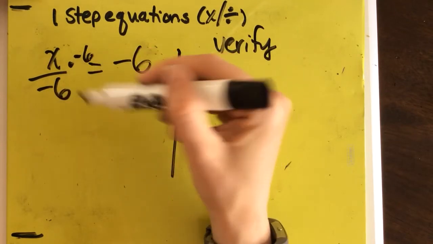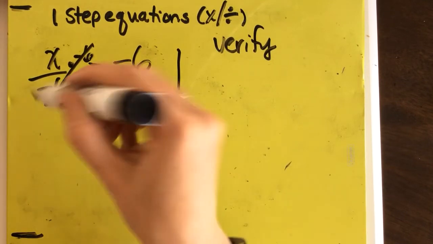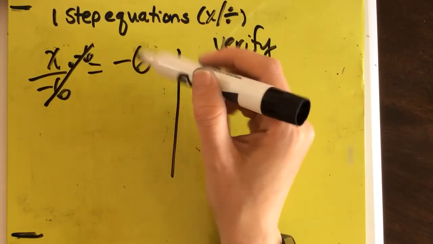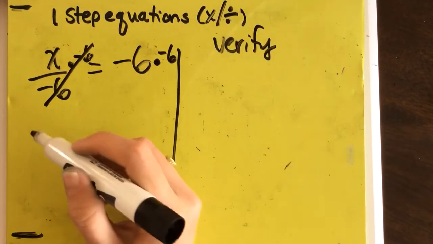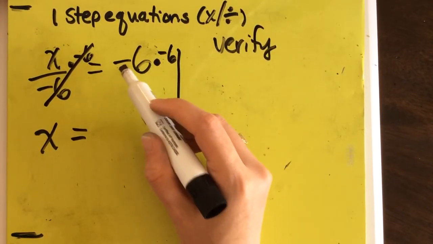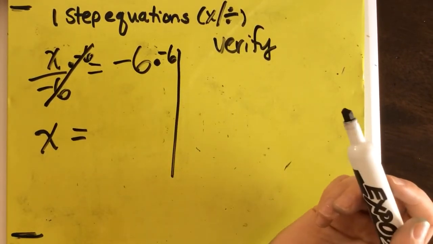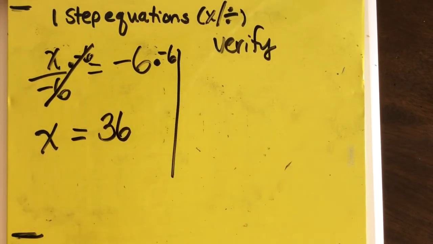So by timesing by negative 6, we get to cross those out because negative 6 over negative 6 is just 1. And we have to also times by negative 6 on this side. So we end up with x equals a negative times a negative gives me a positive. So we end up with a positive 36 for an answer.